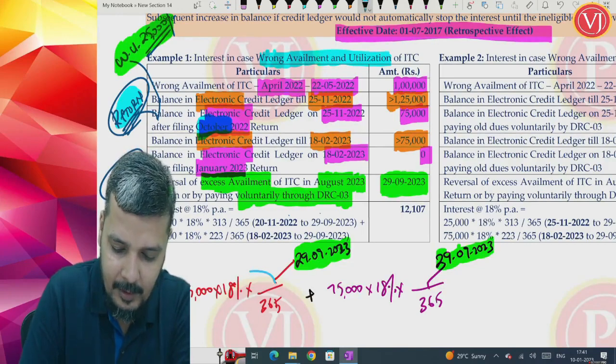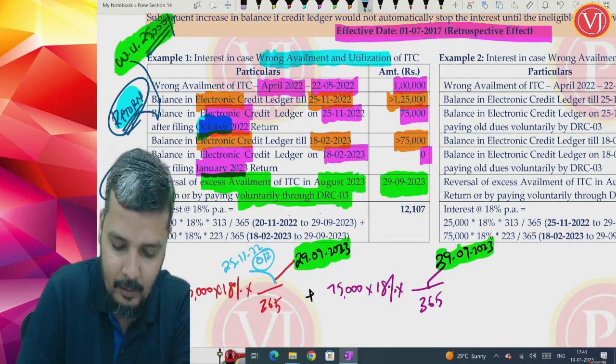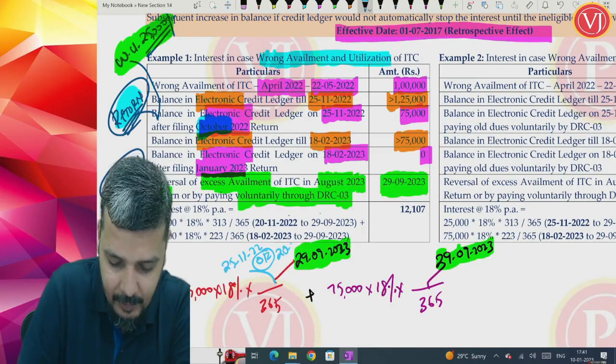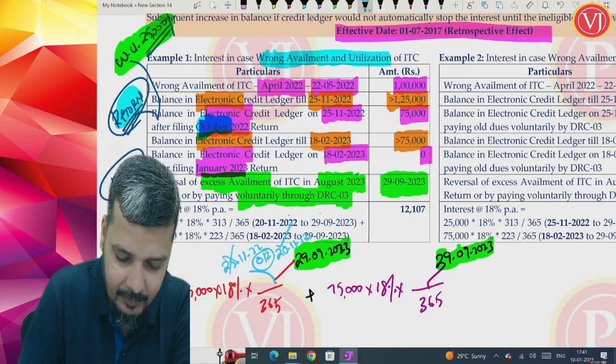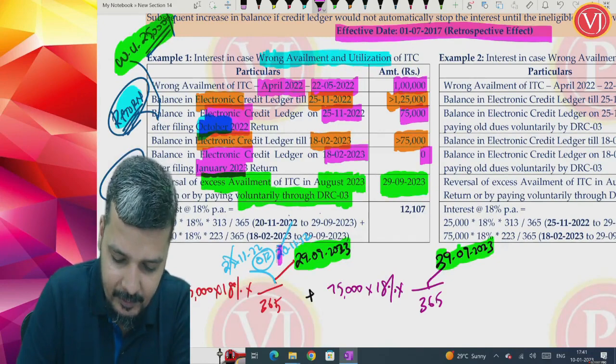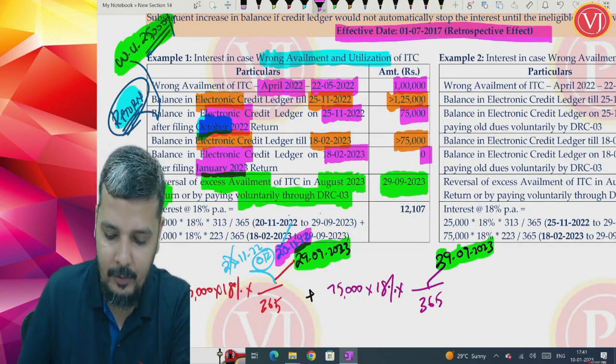The actual date of October return filing is 25th of November 2022, or the due date of October return filing, which is 20th of November 2022, whichever is earlier. So my calculation will start from 20th of November 2022 to 29th of September 2023.